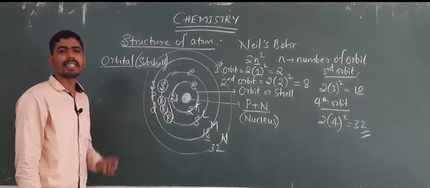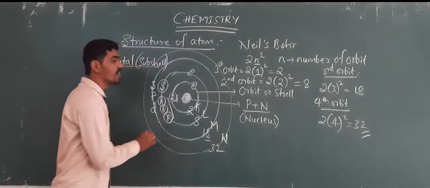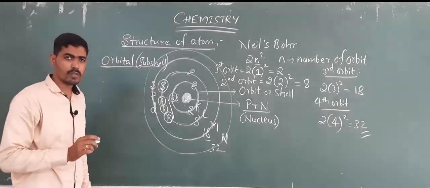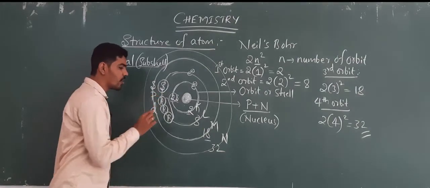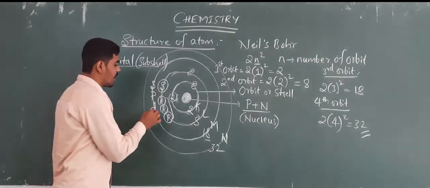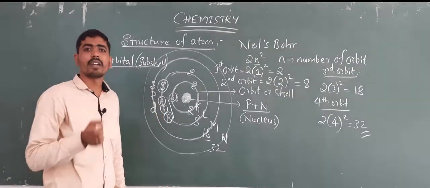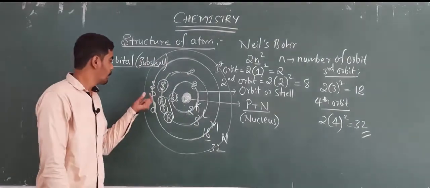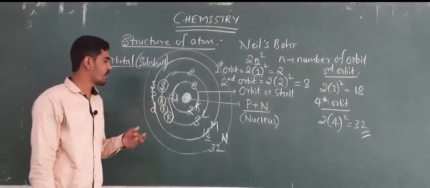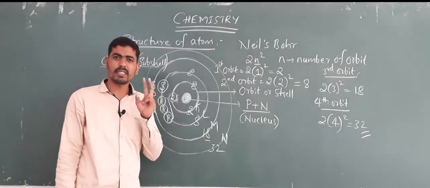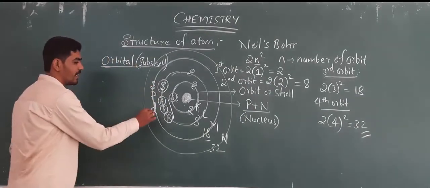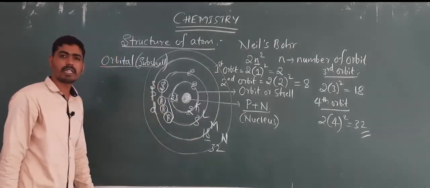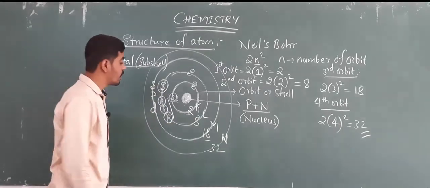S, p, d orbitals are present in the third shell. One s orbital holds 2 electrons, one p orbital holds 6 electrons, and d orbital holds 10 electrons. D orbital capacity is 10 electrons, p orbital capacity is 6 electrons, and s orbital capacity is 2 electrons. So 10 plus 6 plus 2, totally 18 electrons are present in the third shell.